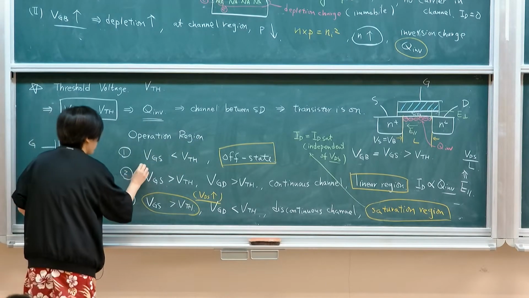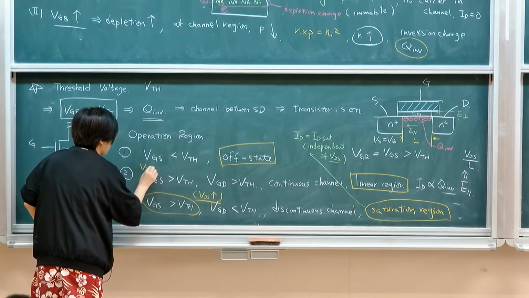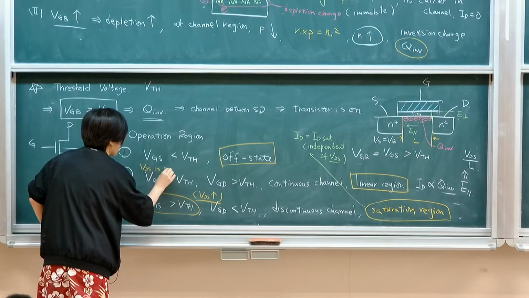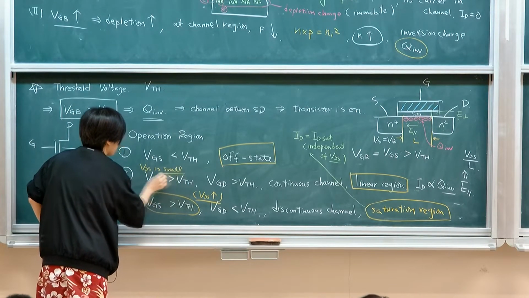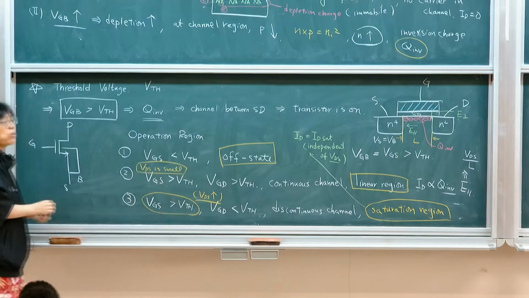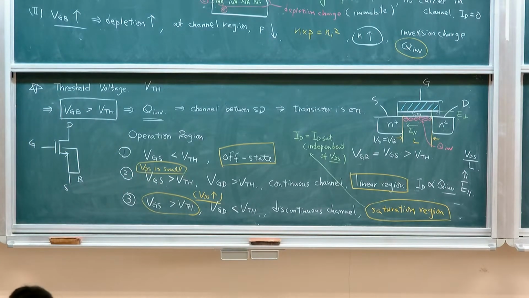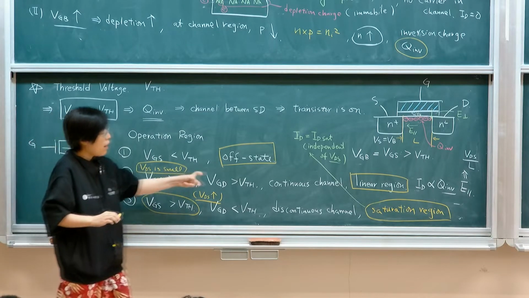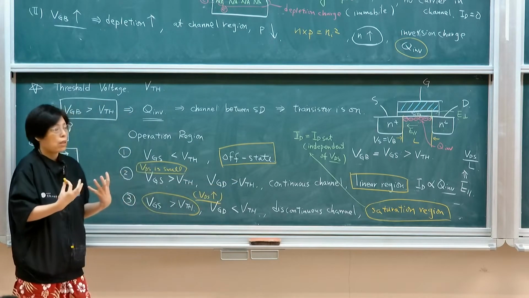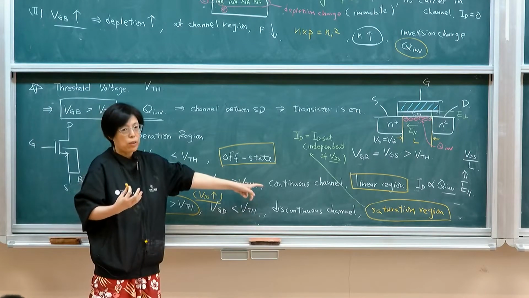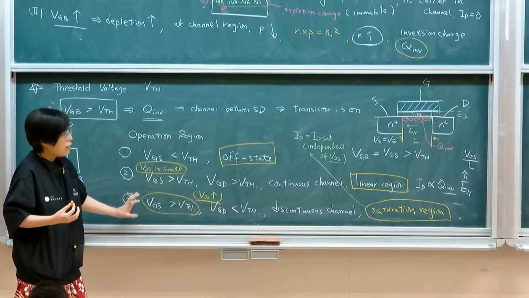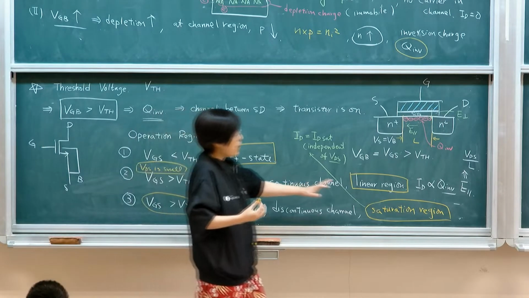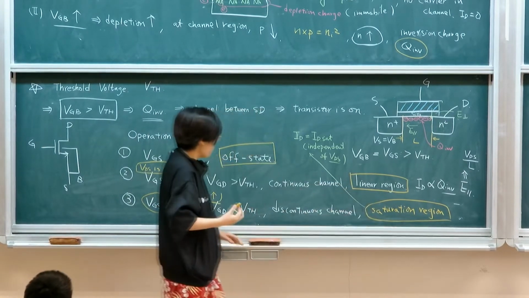This is typically when VDS is small, similar to the saturation in a bipolar junction transistor. When VDS is very small, both sides are inverted, which gives you a continuous channel. We refer to that as the linear region operation.